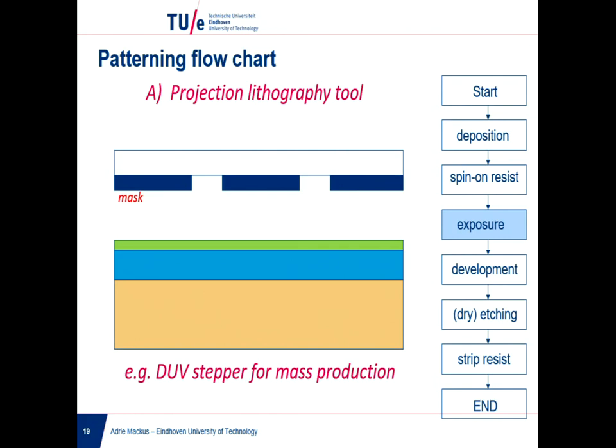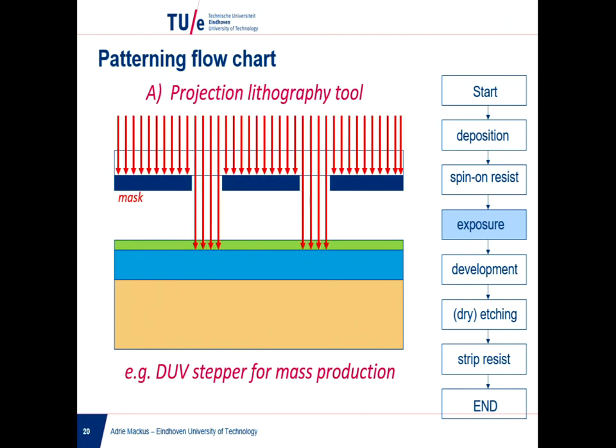So that is typically done, at least if you talk about high volume production, with photolithography. So how does that work? Well, you typically use a mask, and then you shine light through that mask, and in that way you expose this resist film locally to this UV light.